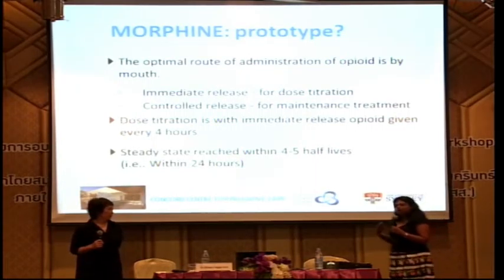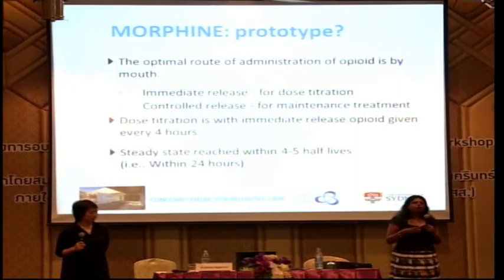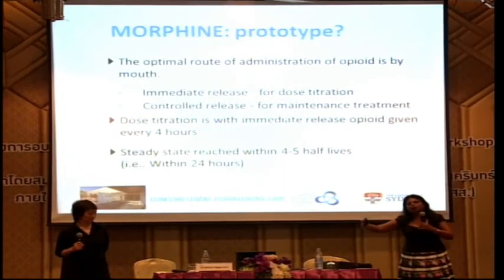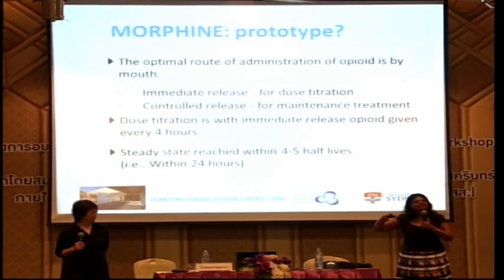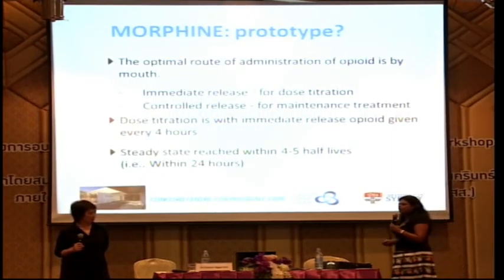So generally, in someone who has quite severe pain, we would titrate with immediate release because you will get on top of the pain a lot faster. Slow release medications take a long time to get into steady state, and therefore it can take many days of titration to get optimum pain relief.